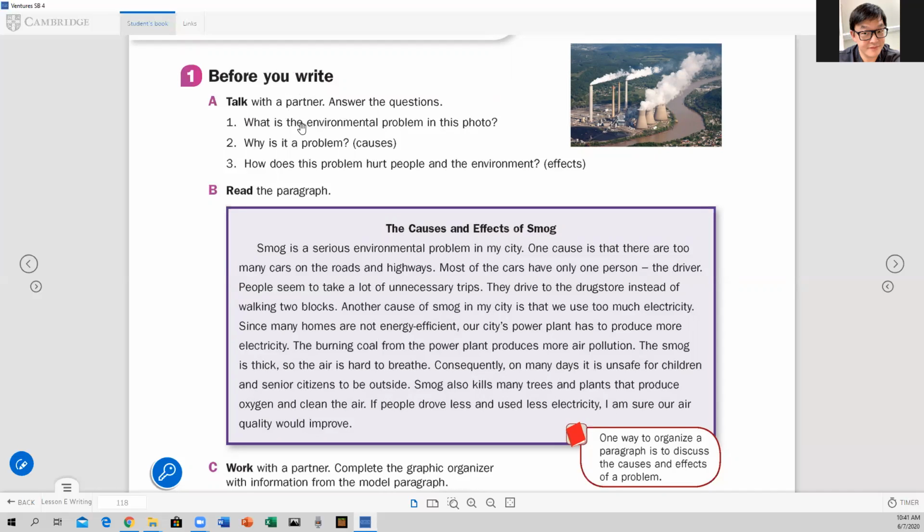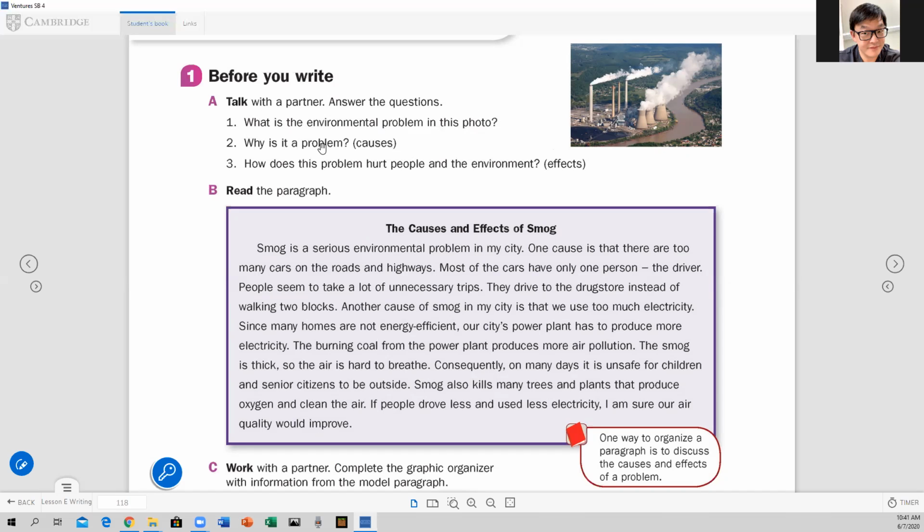What is the environmental problem in this photo? Look at this photo here. Look at the picture and tell me, what's the environmental problem in this photo? Can you tell me? And why is it a problem? You first identify the problem. Now, why is it a problem?